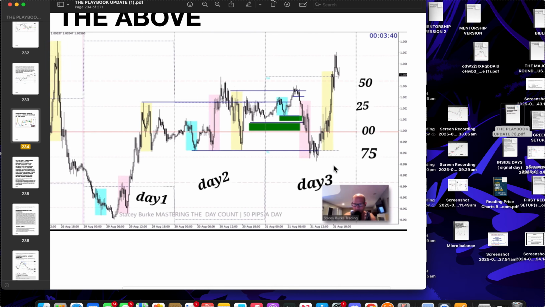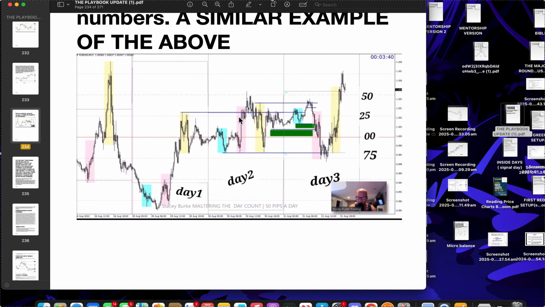And look at this. We have day 1, day 2. What did we see? Market coming back to take out previous day's low and triggers day 3. So day 1, day 2, day 3.